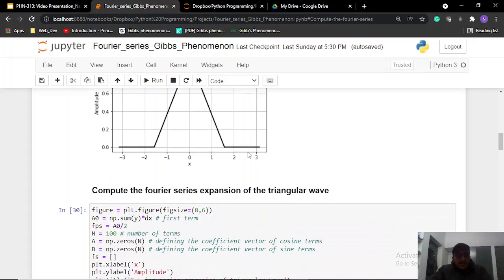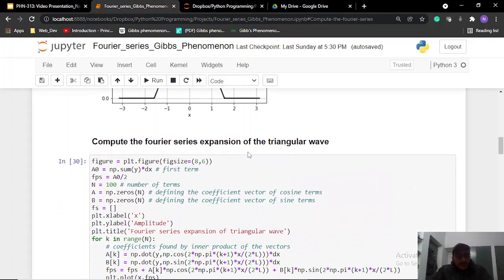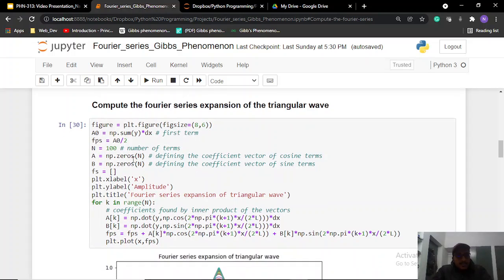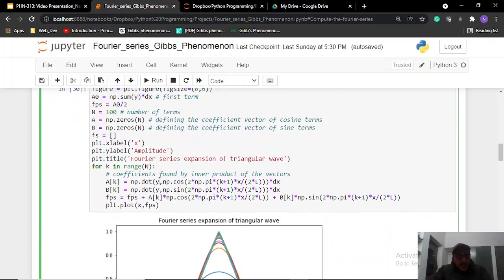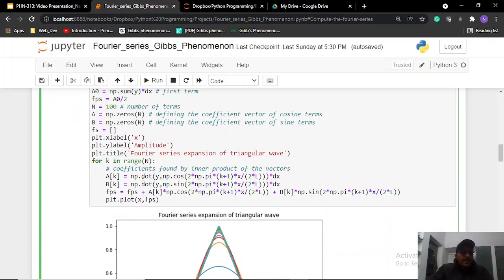So we compute the Fourier series expansion of this triangular wave with the first 100 terms. Here n is 100, so it represents the number of terms, and the a_k's and b_k's are found using the inner product concept. That means the coefficients are the inner product of the function with the sine and cosine basis.